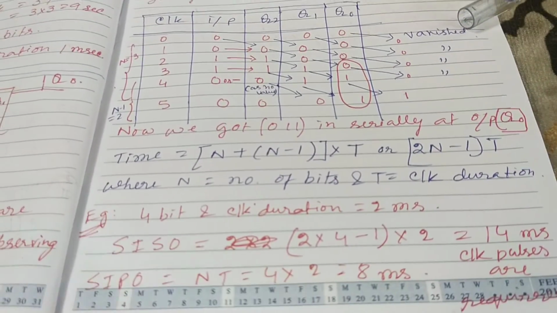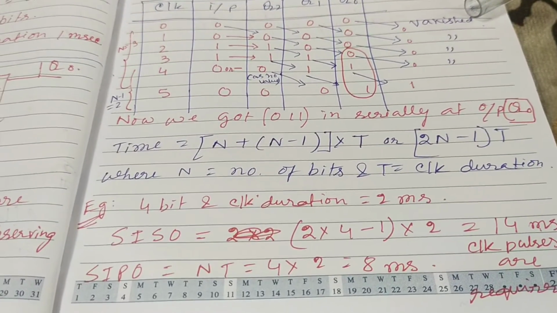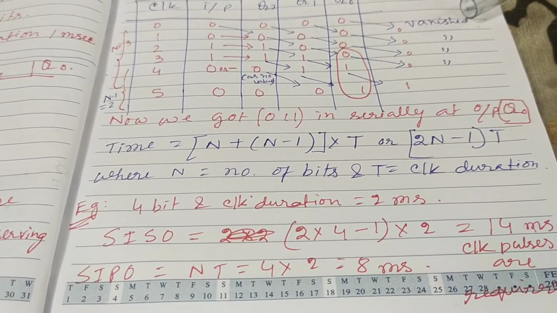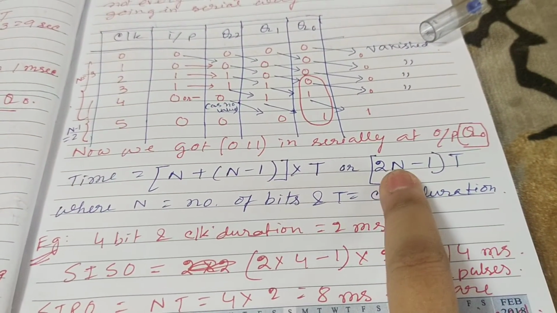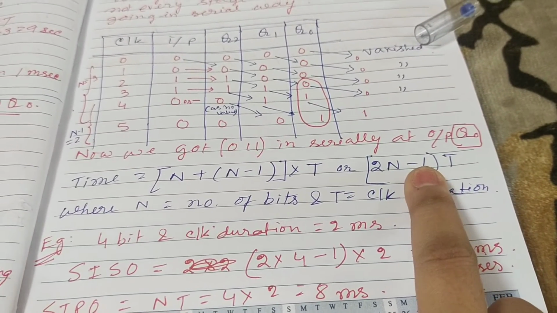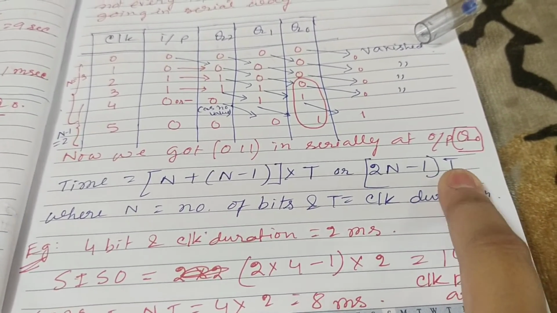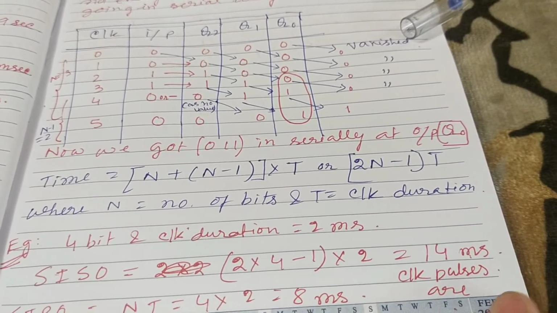For example, we need to transfer 4 bit data, and each clock duration is 2 milliseconds. So for SISO it will be 2 into 4 minus 1 into 2, so it's 7 into 2, that is 14 milliseconds.